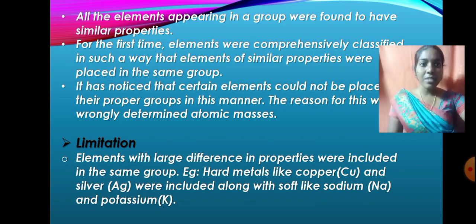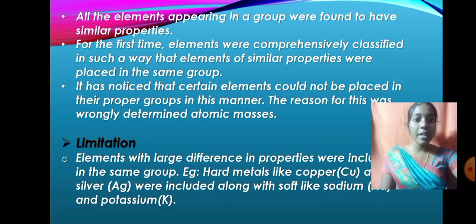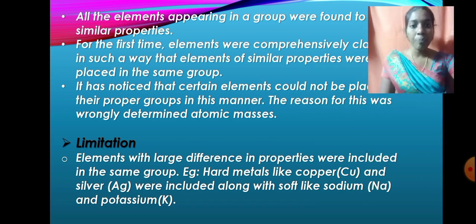For the first time, elements were comprehensively classified in such a way that elements of similar properties were placed in the same group. It was noticed that certain elements could not be placed in their proper groups in this manner. The reason for this was wrongly determined atomic masses.